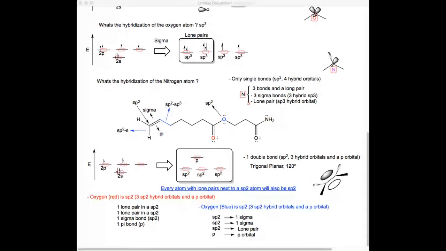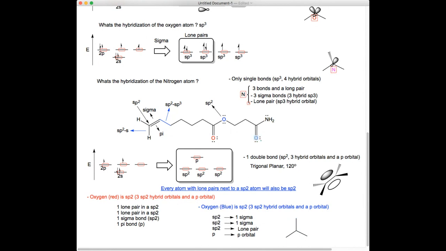Okay, so I want you guys to look at this picture here. I'm going to make the drawing easier for you. I'm going to start drawing this atom here. I said that it is sp2 hybridized.